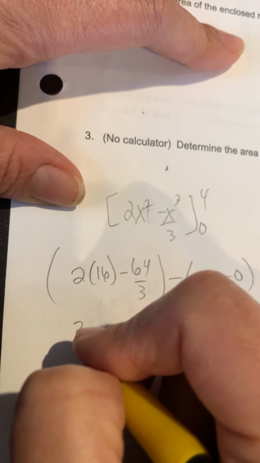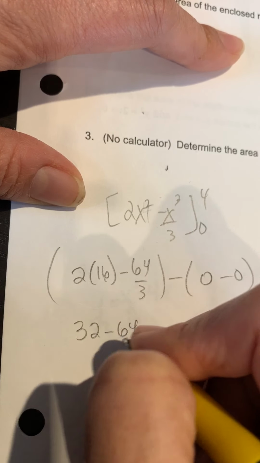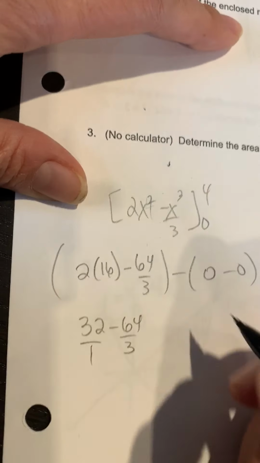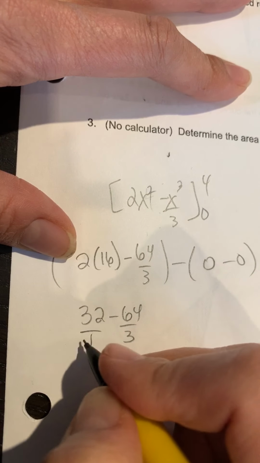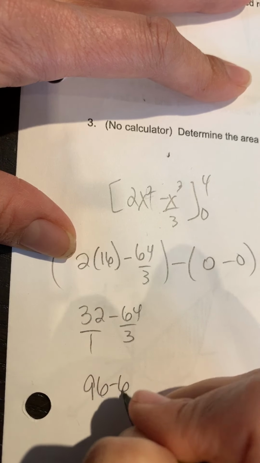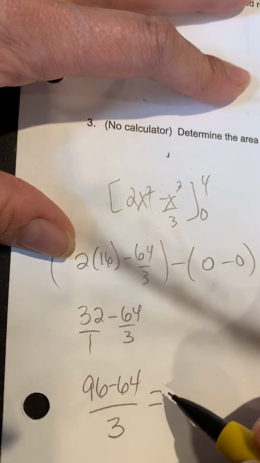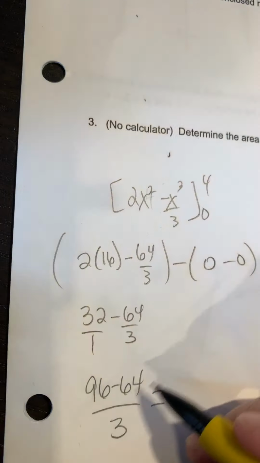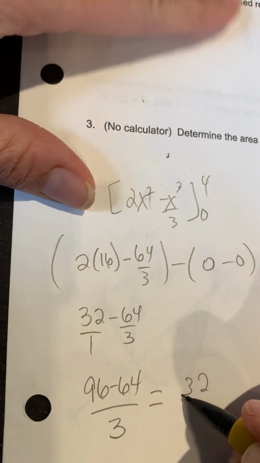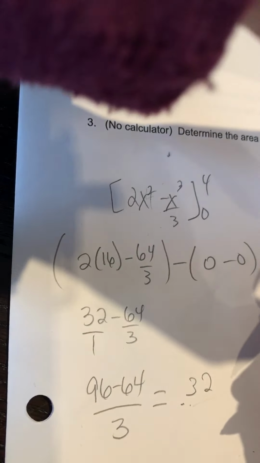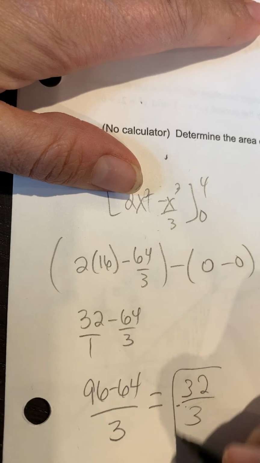So this is 32 minus 64 over 3. So then that's 96 minus 64 over 3, and 32 over 3.